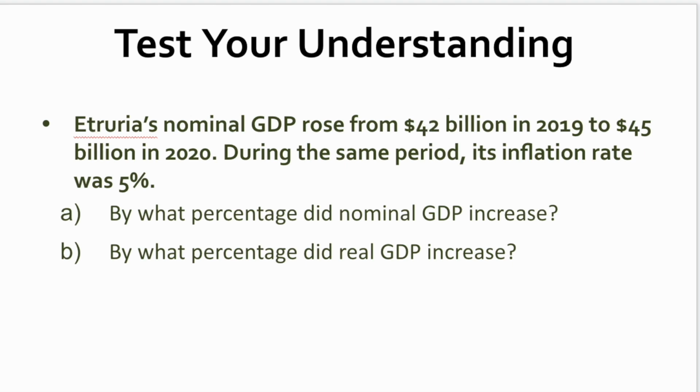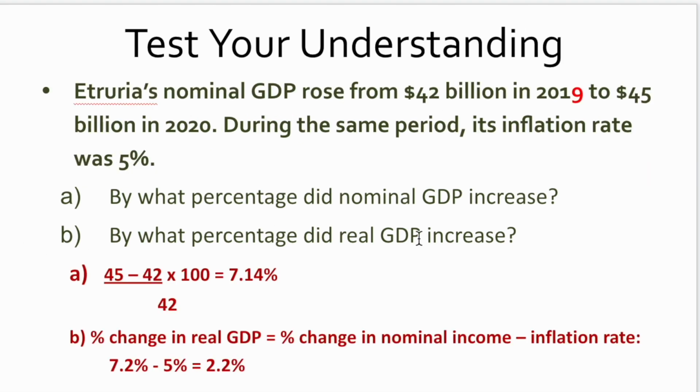So nominal GDP is really just counting raw numbers, okay? If we look at the solution here, we take the 45, subtract the 42, divide it by the 42, and that will give us a 7.14% increase in GDP. And that's just nominal GDP. Real GDP, on the other hand, we need to think about how much it increased.